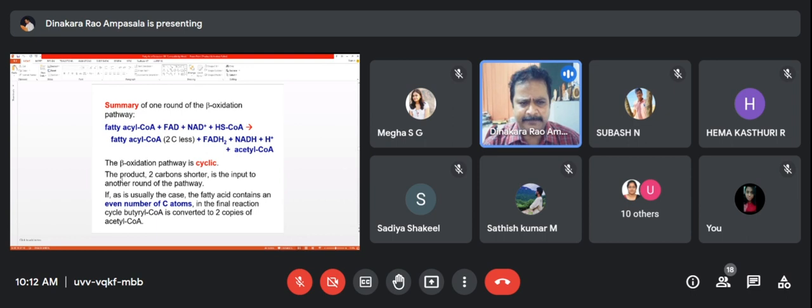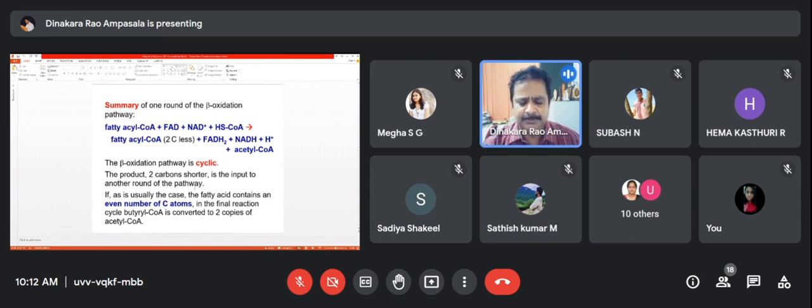Okay, so this beta oxidation is cyclic. One round is over. Next, this molecule becomes the substrate for the further round. So the product, two carbons shorter, is the input for another round of this pathway. If, as is usually the case, the fatty acid contains an even number of carbon atoms, in the final reaction cycle butyryl-CoA is converted into two copies of acetyl-CoA.